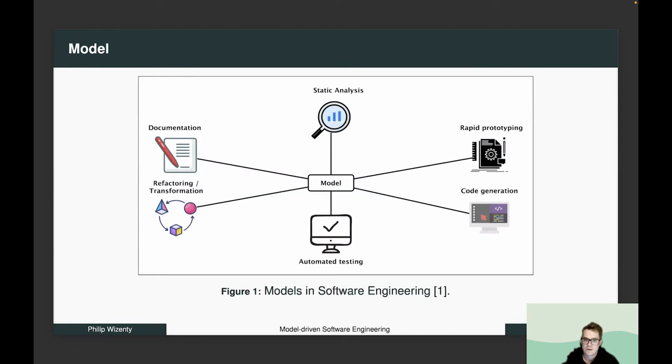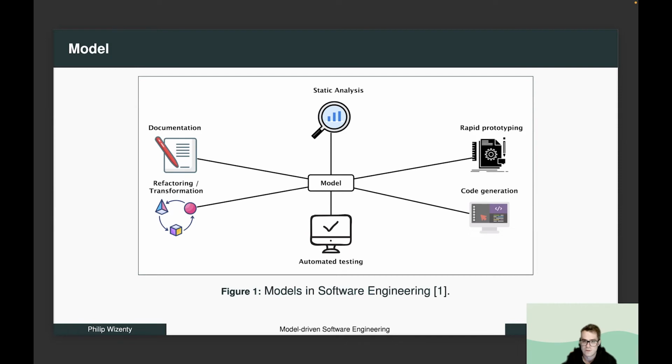Now let's take a closer look at the possibilities when we use models as programs. First, we can use them to perform static analysis. This is particularly helpful to identify problems or misbehavior of the implementation of the software system even before all features are implemented. This can save time in the implementation process and save money because bugs can lead to quite expensive errors.